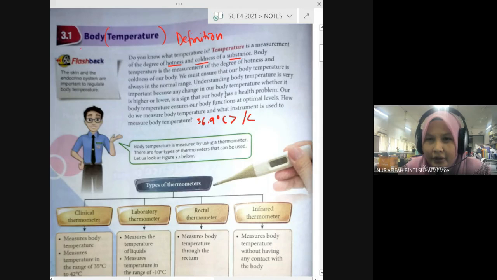It means that our body has a health problem.